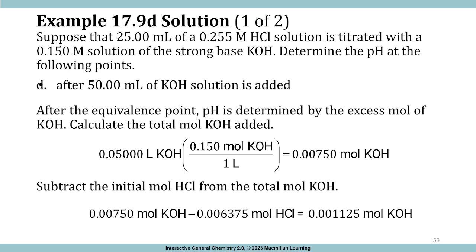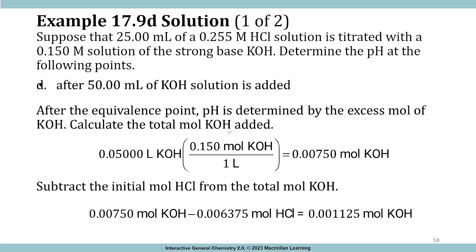So, after 50 milliliters of KOH solution is added, so we're adding 50 mils now. Basically, this is the exact same problem we looked at before, but instead of ending up with HCl left over, we're going to end up with which left over? KOH, isn't it? Yeah.